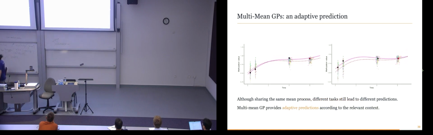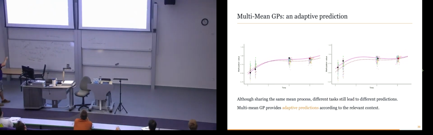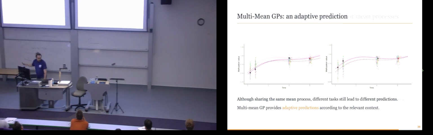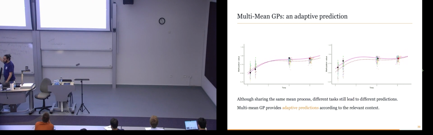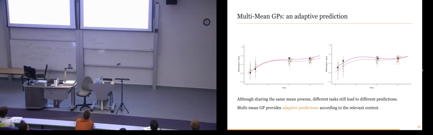Okay, and how can it be used in prediction? If now you have, for the same gene, the same mean process, the dashed line that we had in the slide before. So the purple line turned into the dashed line here. Okay, complicated to follow this one, I agree.